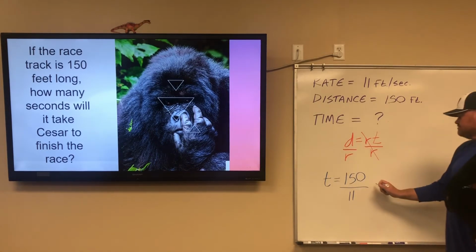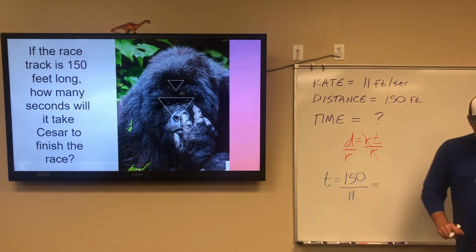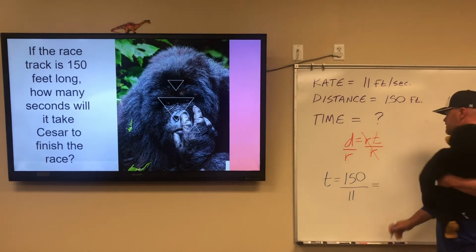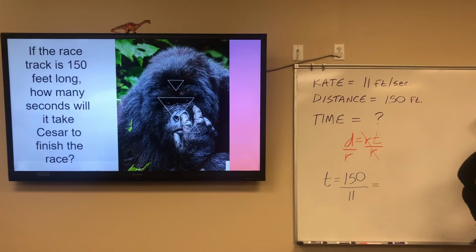All right, so now if I do 150 divided by 11, I guess I got to do a little bit of long division here, sorry. 150 divided by 11. Okay, and I've got a repeating decimal.